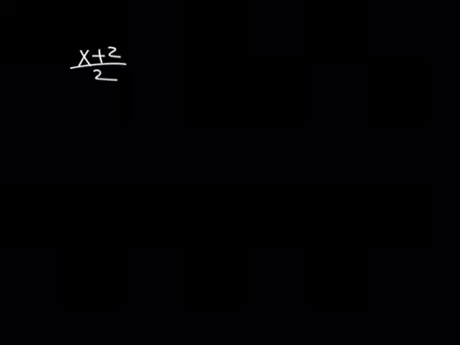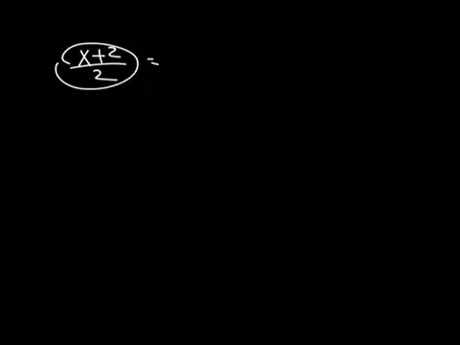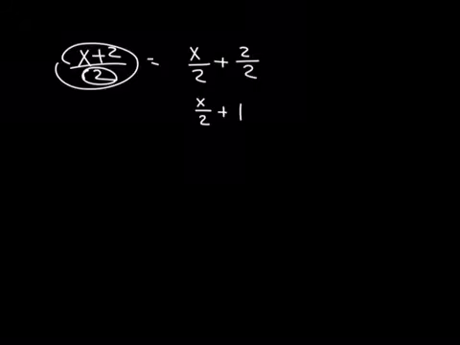Okay, so one of the mistakes a lot of folks make with something like this is they will do that and get x. Okay, remember, this is equal to x over 2 plus 2 over 2. You have to split that 2 up and put it under each part. So then our answer is actually that. Okay, that's the correct way of doing it.